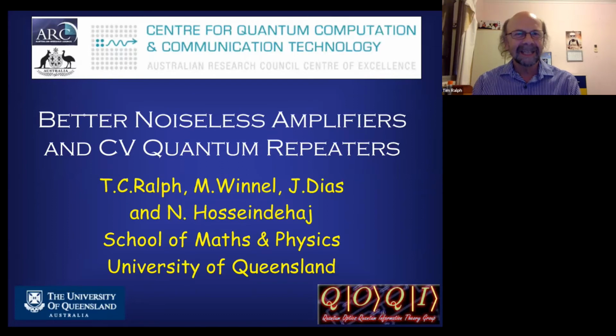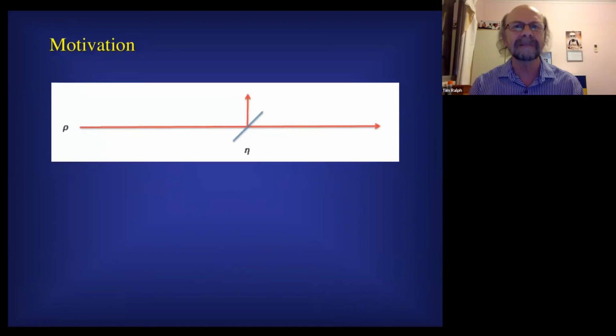So I'm going to talk about noiseless amplifiers and CV quantum repeaters and some new protocols that we've come up with recently, which I hope you find interesting. The basic motivation here is to find ways to mitigate the effects of loss on quantum channels.